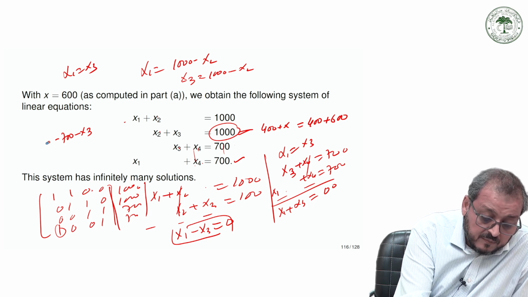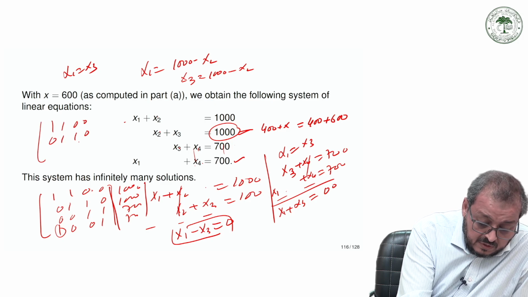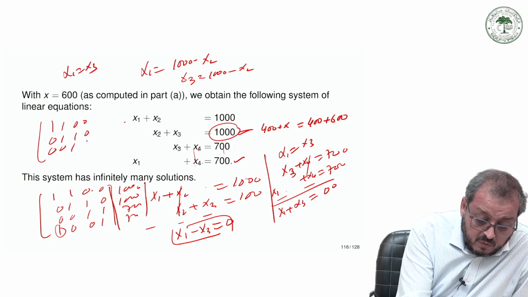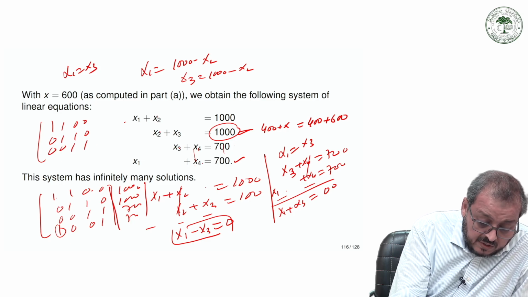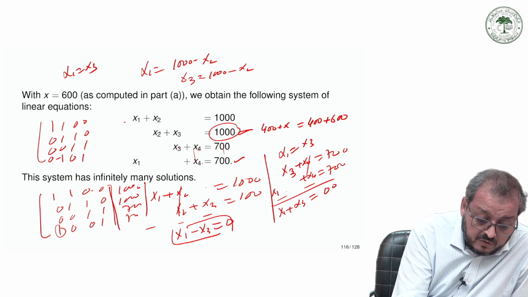You can write this in the form 1 1 0 0, then 0 1 1 0, then 0 0 1 1. Then subtracting these two, you have 0 0 minus 1 0, then 1 minus 1 is equal to 0.